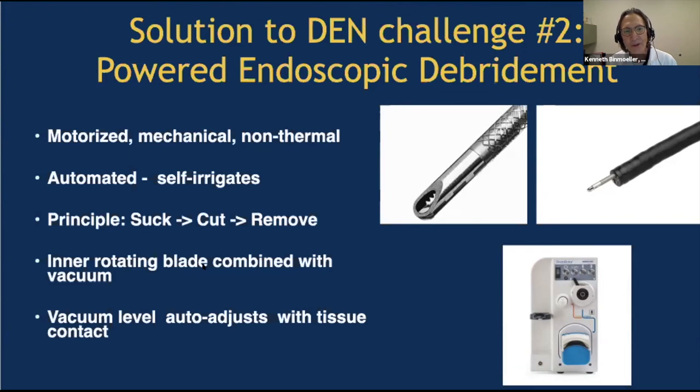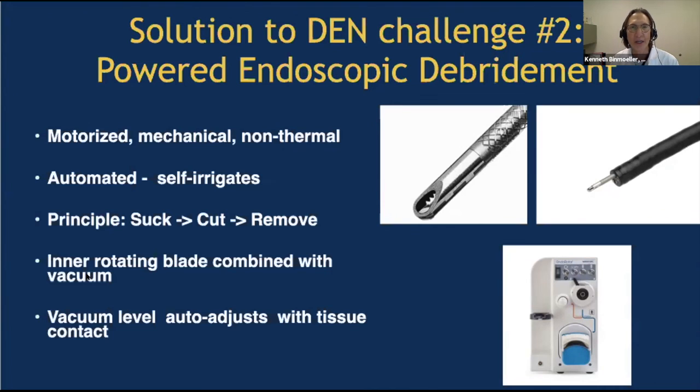It has an inner rotating blade that's combined with vacuum. So that's the sucking action. And as this blade rotates, it is irrigating, so it's cooling off this rotating blade. And actually, this device was originally developed in other areas of medicine, notably orthopedics, as a shaver to shave off cartilage.